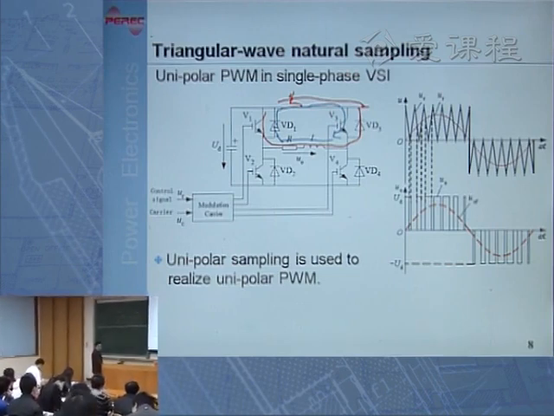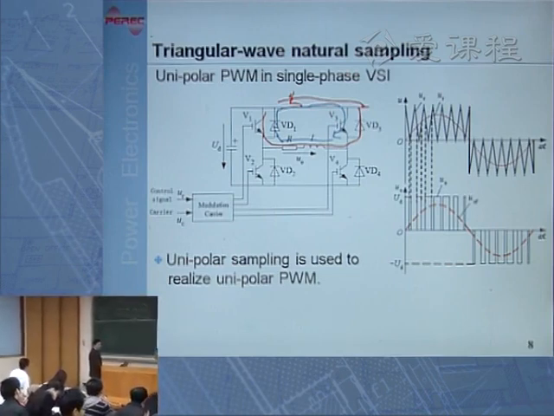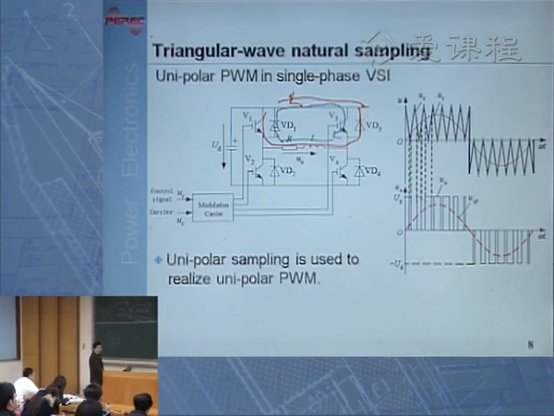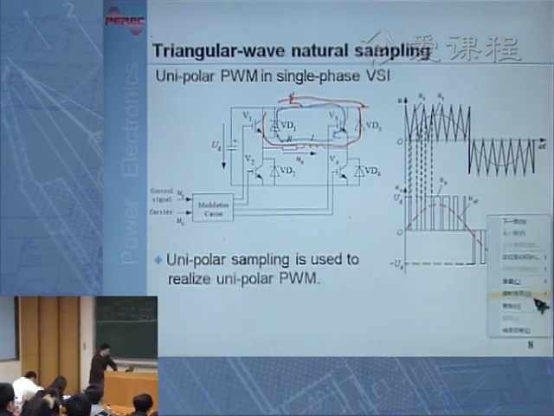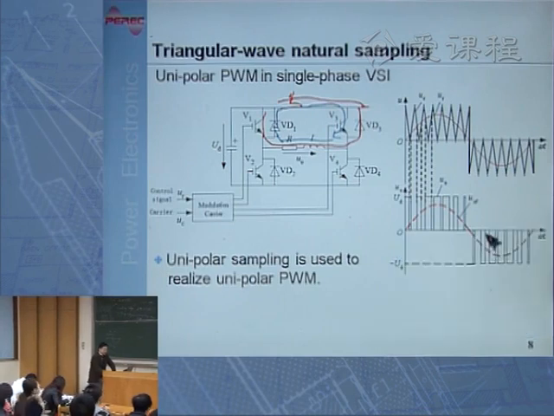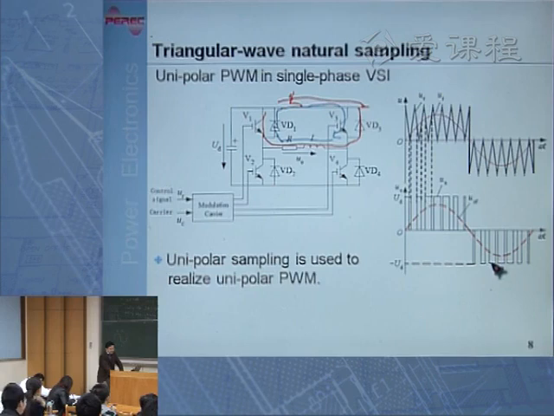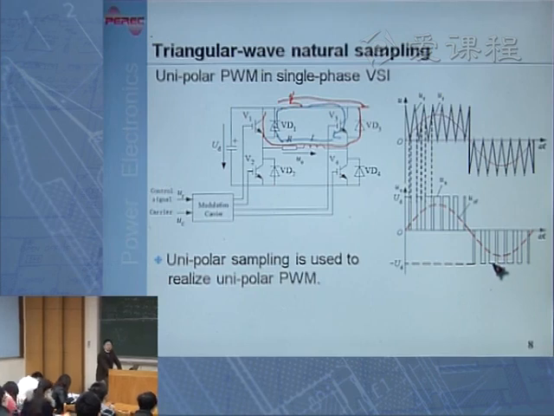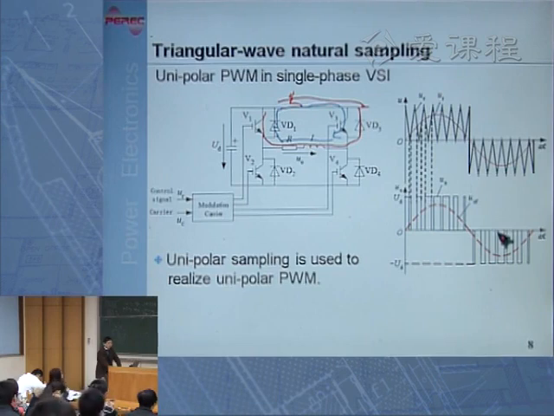And similarly, for the negative half cycle, I have to generate negative UD and zero. Okay. For zero, we have already mentioned.